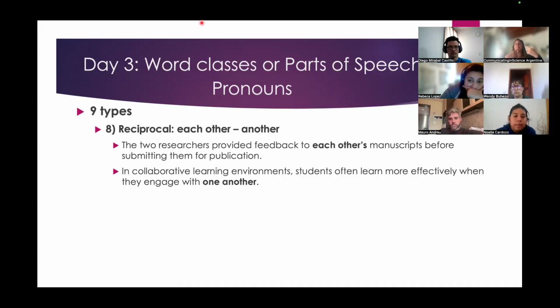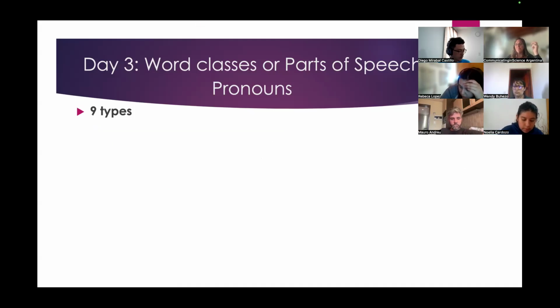Cuando se relacionan entre sí. That's why I say that they are used to compare between things, entre sí, el uno al otro. Each other's, one another. Don't worry, because we are going to keep working with every subject that we cover during the grammar part this week. We will keep working during the in-person session.